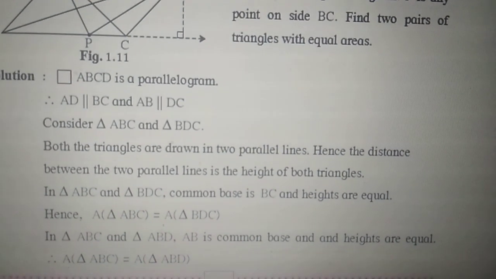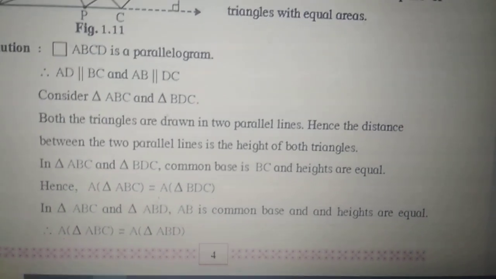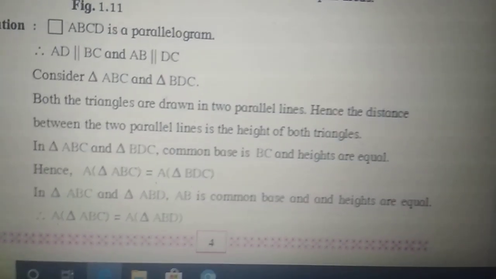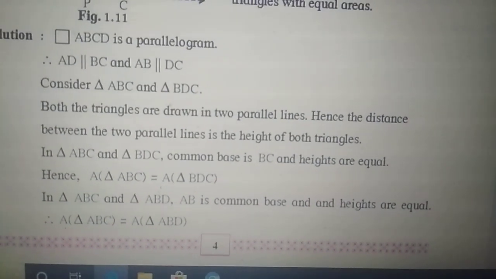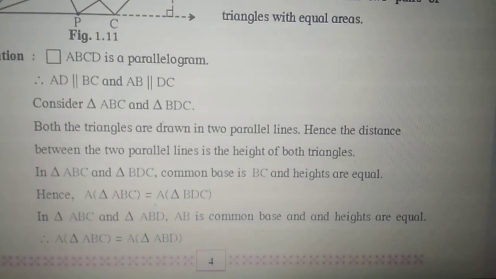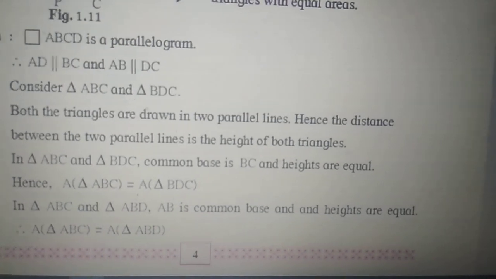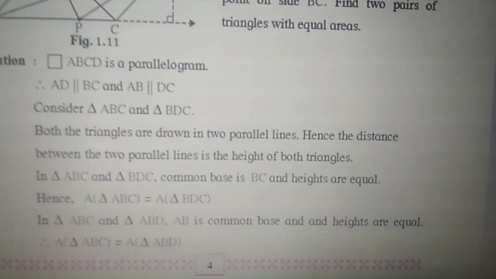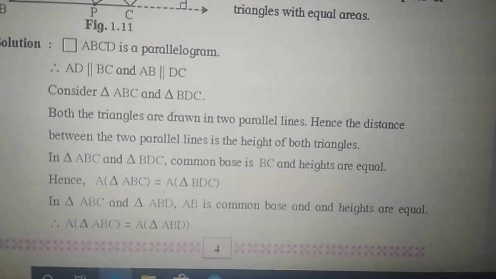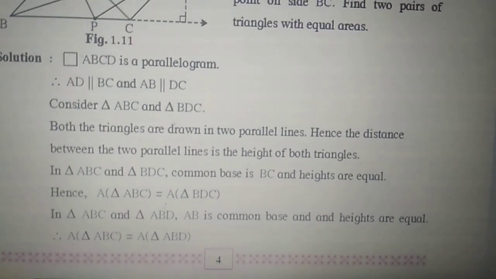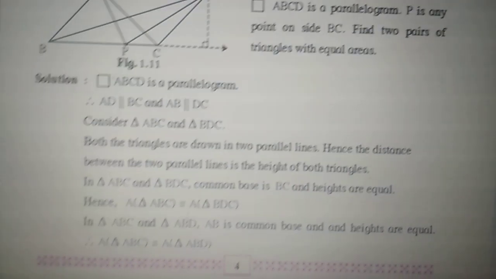Now similarly ABC and ABD. Common base AB and height is equal. Therefore area of triangle ABC equals area of triangle ABD.